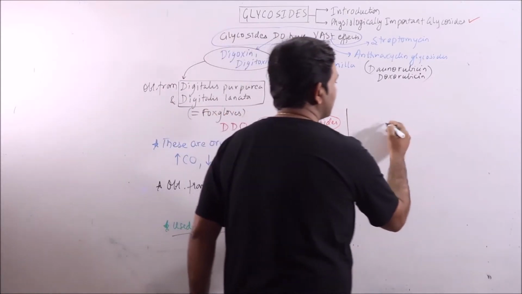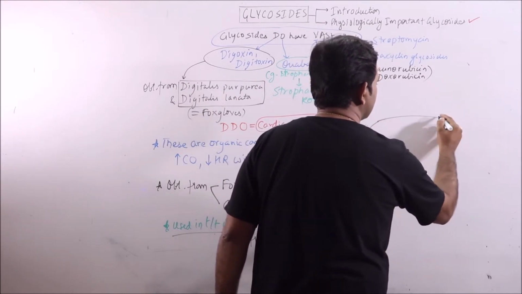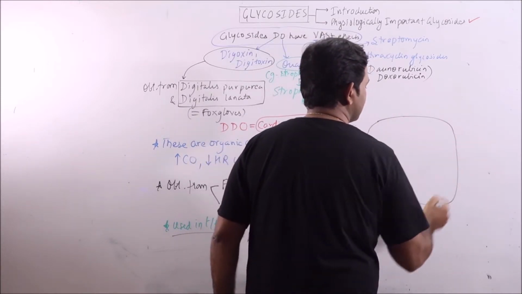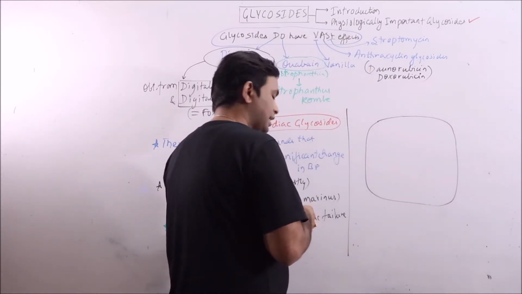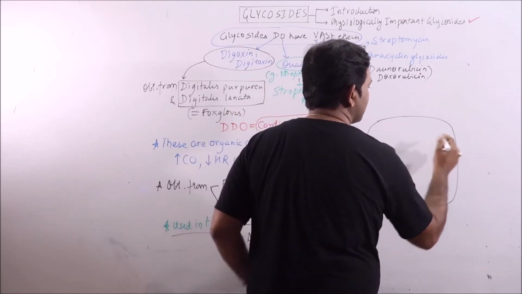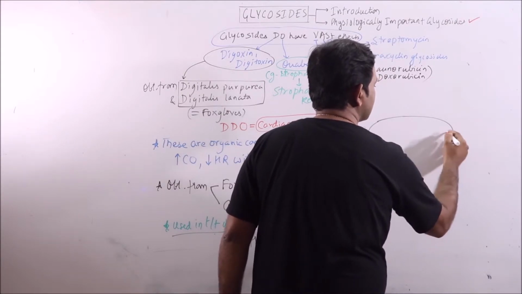Now, what is the mechanism of action? For this, let us assume this is a cell, a cardiac cell. Cardiac cells have two types of transporters.